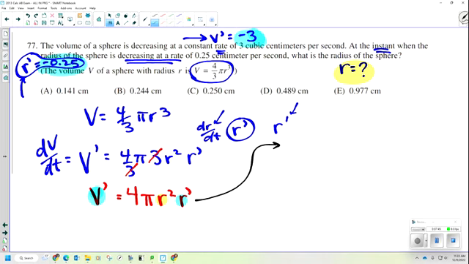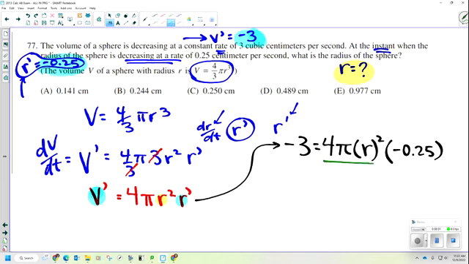So v prime is -3. 4 pi, I need to know my r, that's what I'm trying to find, times r prime, which is -0.25. All right, well, you know what I'm going to do? I'm going to divide both sides by 4 pi times -0.25, because these will cancel.